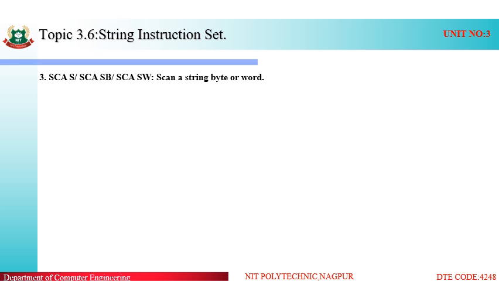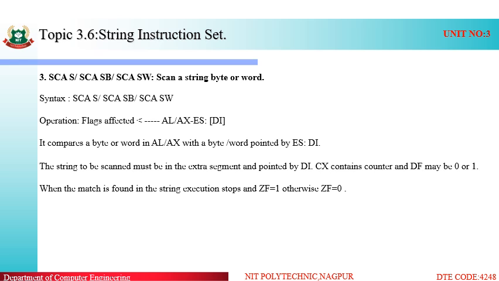Same instruction is here. Next instruction is scan a string byte. It compares a byte or a word in AL or AX with a byte or a word pointed by ES colon DI.